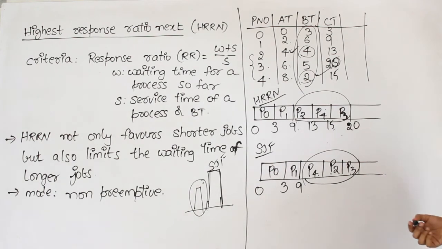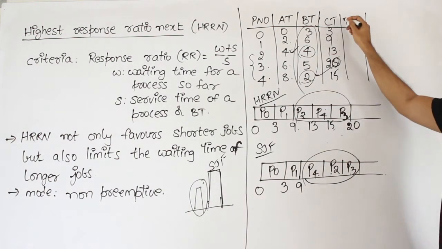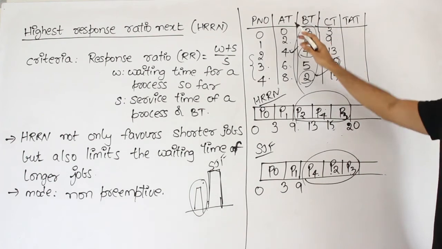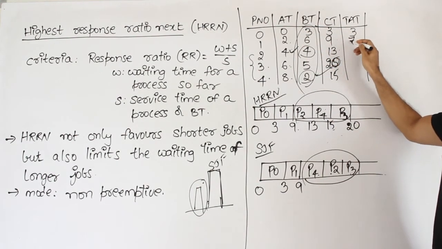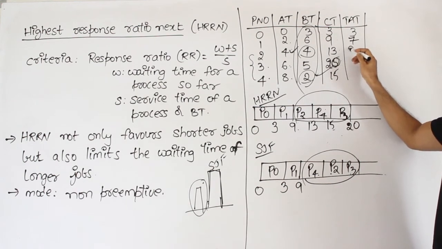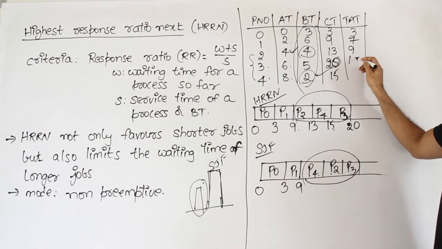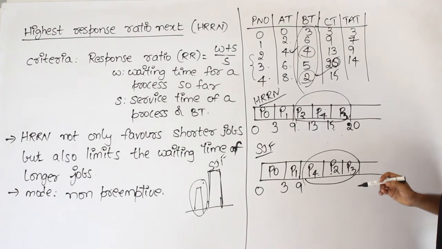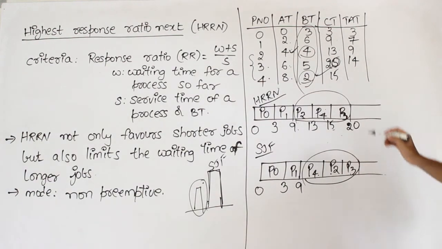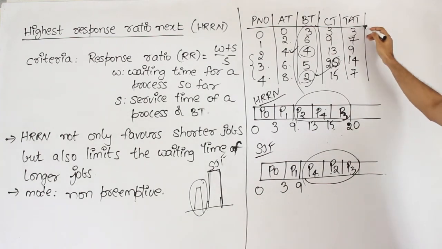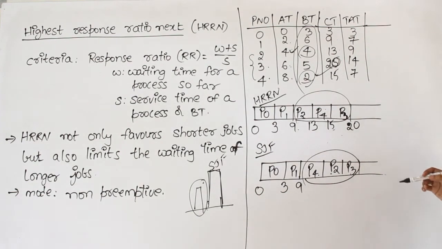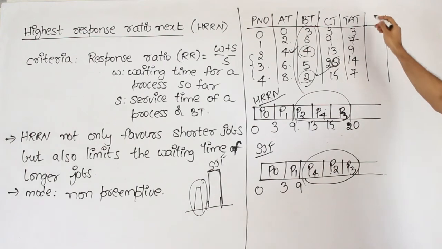And after finding out the completion time, we are supposed to find out the turnaround time. Turnaround time is completion time minus arrival time. So how much is this? Here it is 3 and here it is 7, here it is 9, here it is 14 and here it is how much? 7, isn't it? Okay, and then you can find out the waiting time.